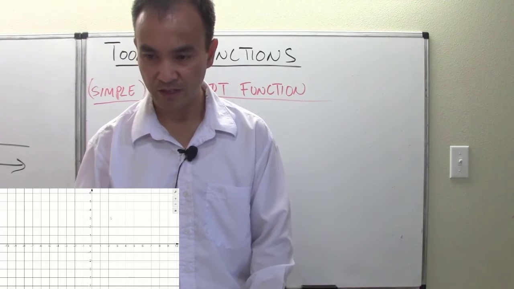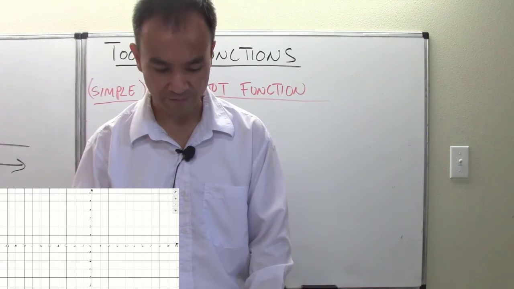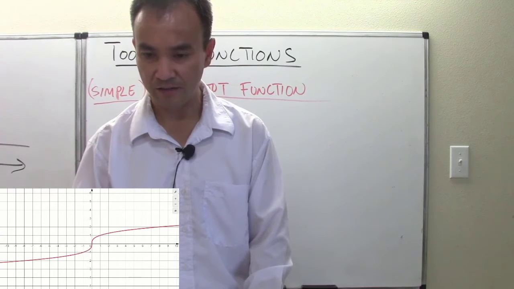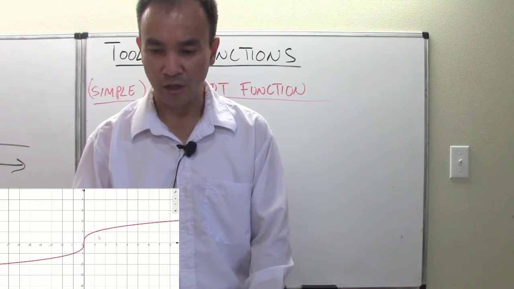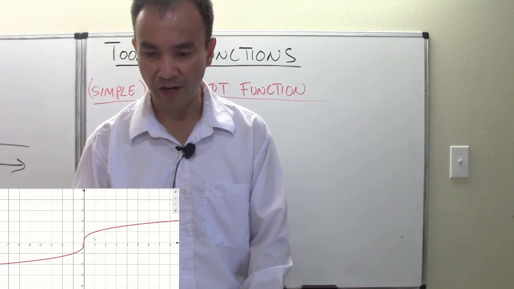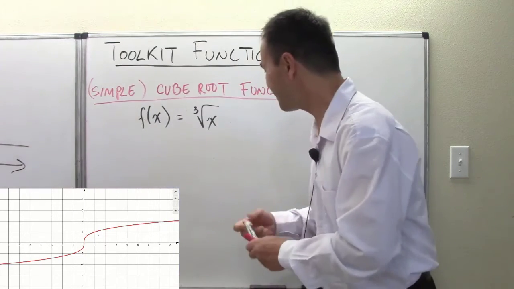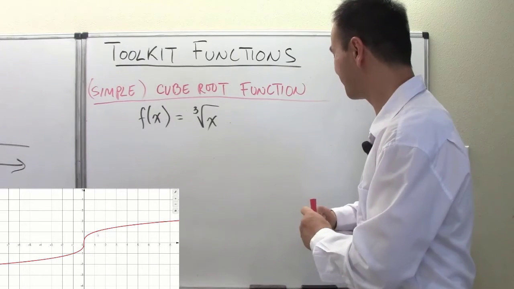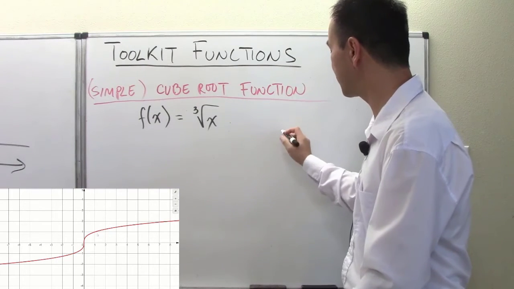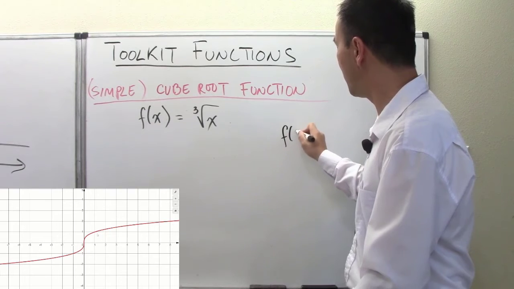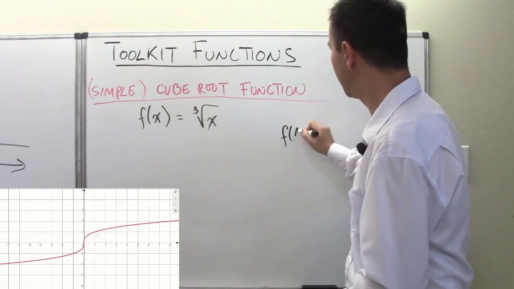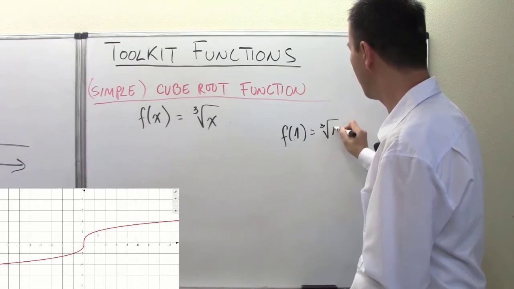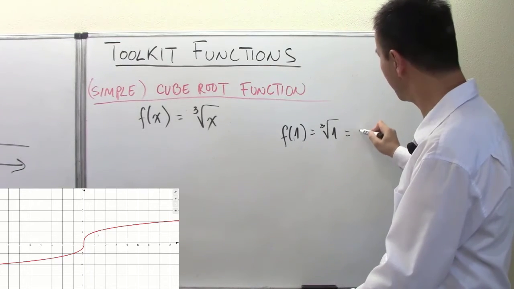So here we go back to our empty graphing space. And now this is the graph for the cube root function. When x equals 1, we have the output equals 1, because we're looking at f of 1 equals cube root of 1, which is understandable enough, which is 1.